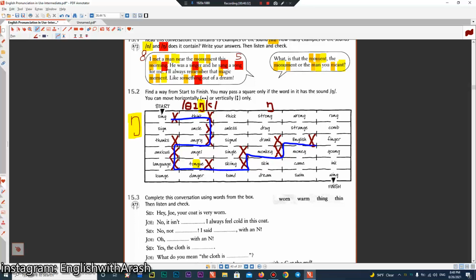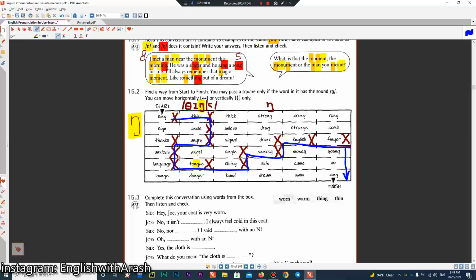But finger is good. Yes, finger is good. You have the NG. And then you go all the way down. You go to young, ink, wing. Rang is good, but we didn't reach that place. Our path started this way.